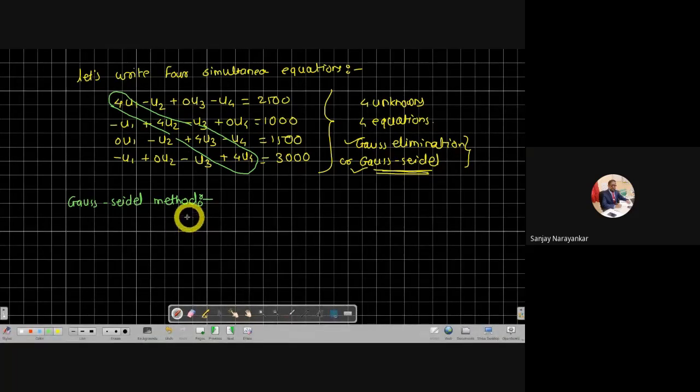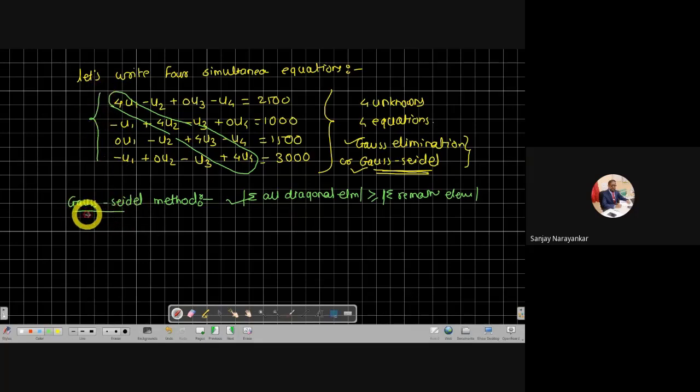Right? So Gauss-Seidel says that you have to check this condition all the time: the mode of the diagonal elements must be greater than or equal to the summation of the mode of the remaining elements. If this condition is satisfied by the set of equations, then we can apply Gauss-Seidel.